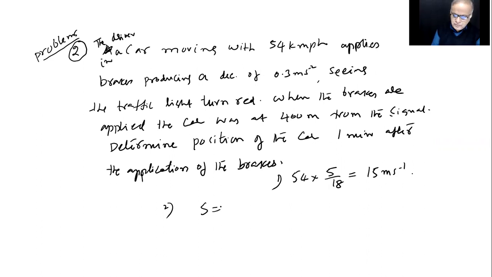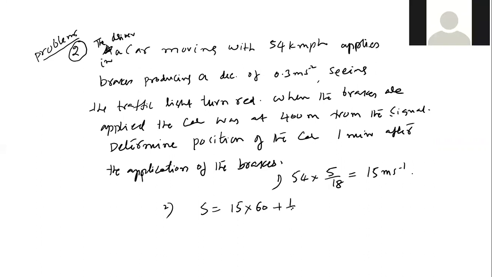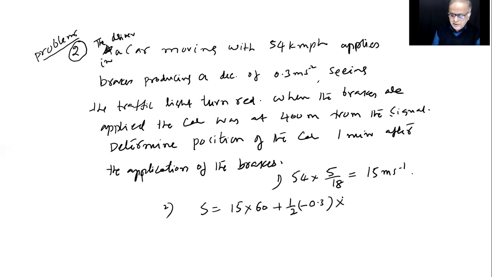S equals u, 15 into 60, plus minus, sir, minus. Okay, I'll write minus, half into 0.3 into 60 square. 3600.